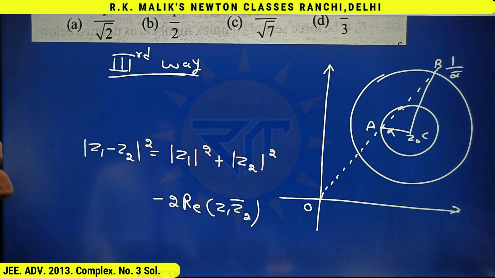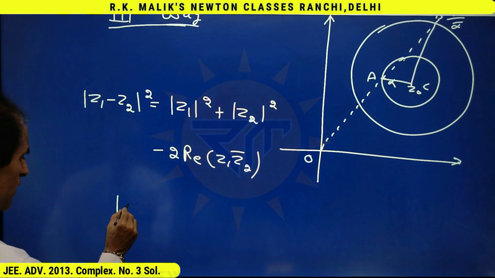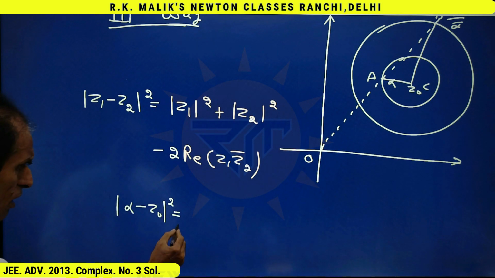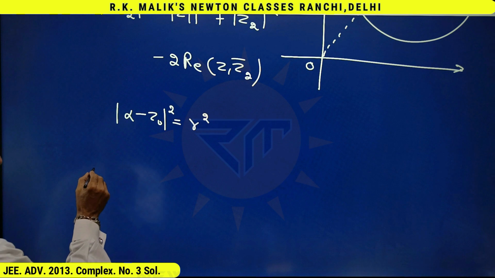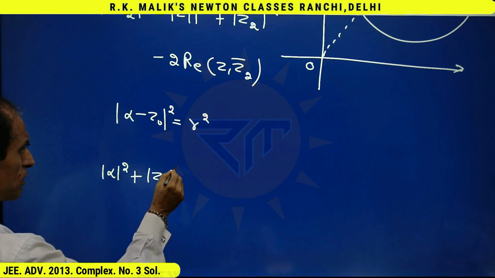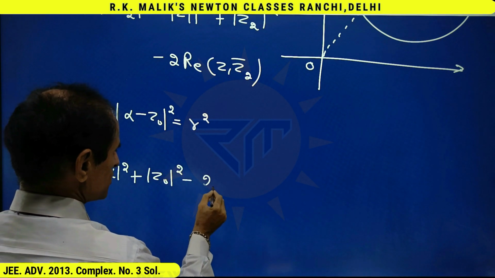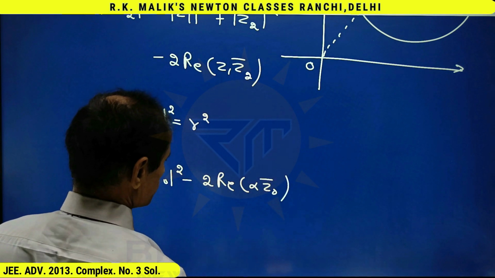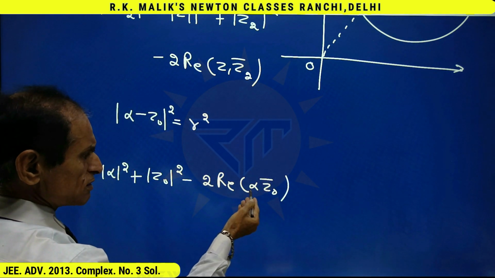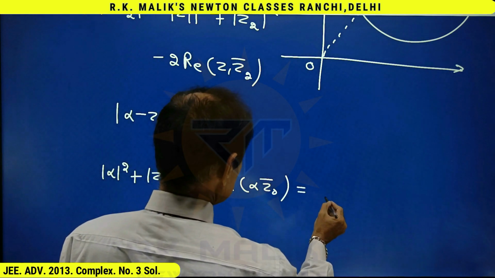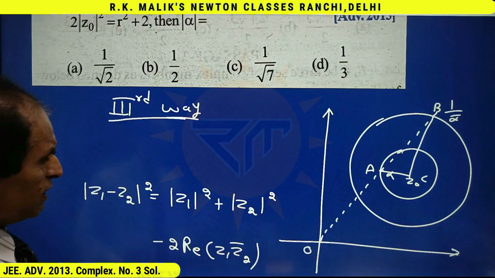Using this formula, I can say that the length AC square, that is mod of alpha minus z0 square, which is r square. Hence I get mod alpha square plus mod z0 square minus 2 times real part of alpha z0 bar, or I could also write z0 alpha bar, equal to r square.